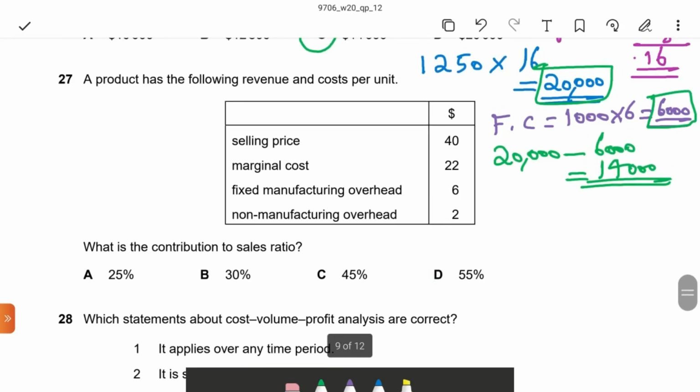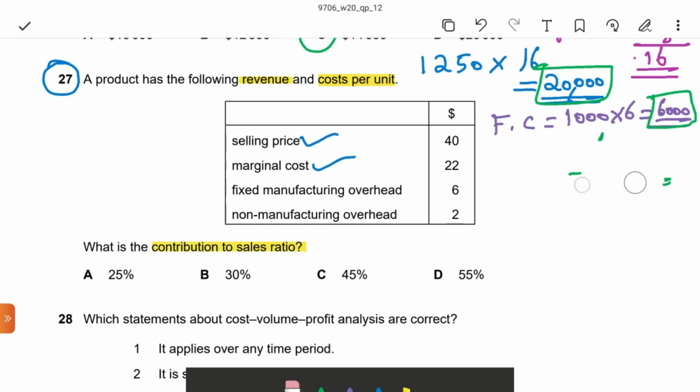Next, 27. A product has the following revenue and cost per unit. They are given the selling price and marginal cost. What is the contribution to sales ratio? The question is the contribution to sales ratio.